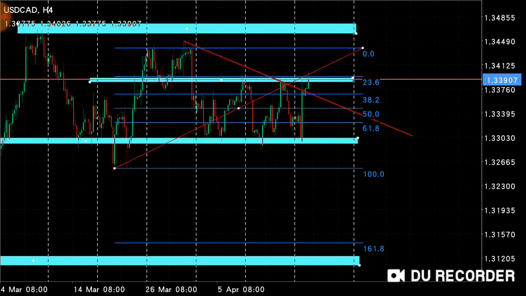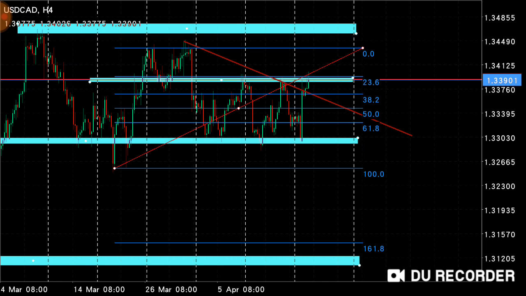Sawa. Yani kwamba price ikifika kwenye 23.6 au candlestick zikifunga below 23.6 na nikapata confirmation kwamba it is a reversal, I will enter short na nitasell hii pair na nitafanya exit kwenye 61.8.